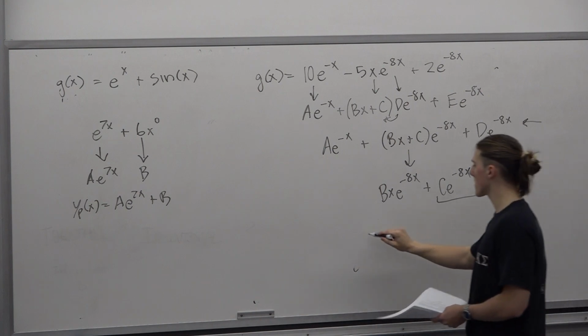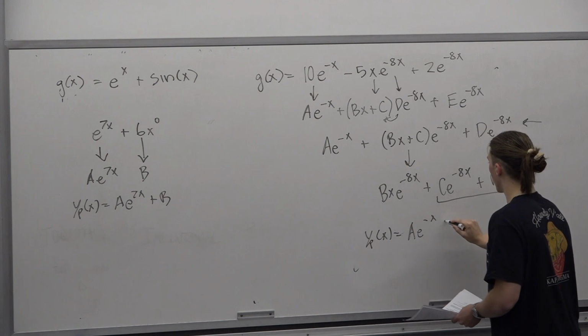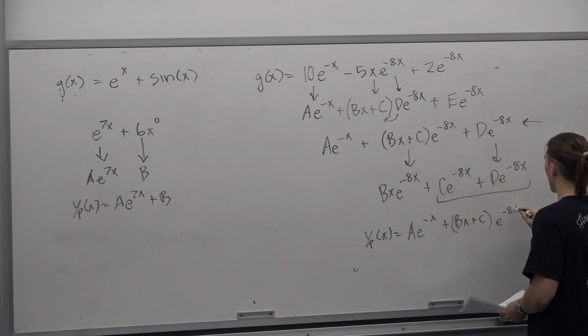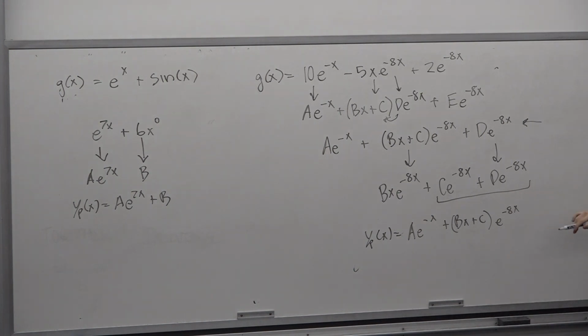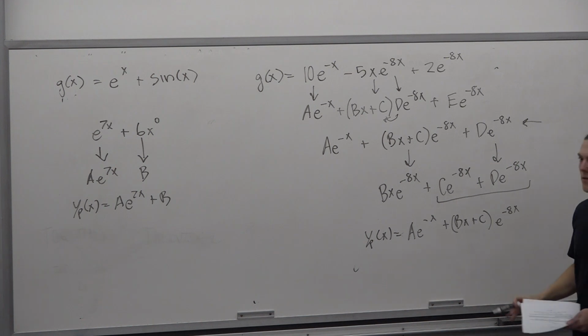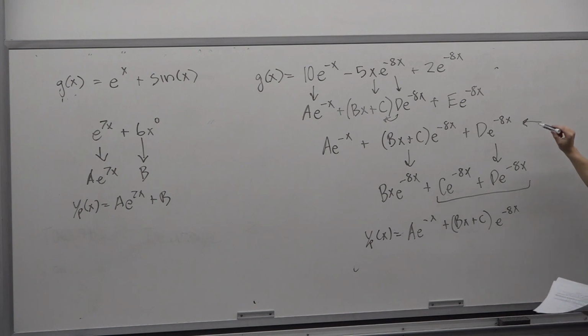Our guess can completely eliminate this d term because it gets absorbed with this term right here. So it's important to distribute all of these, because if you stopped right here, you would be solving for 4 variables. But if you took this extra step, you're now solving for 3. So it helps a lot.